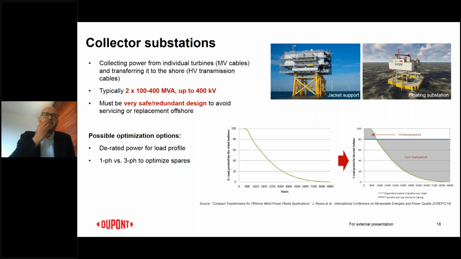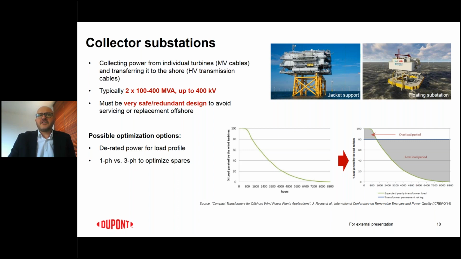And again, here we can talk about this need for optimization. The lighter the substation would be, the cheaper the supporting structure would be. And here is the suggestion for an optimization opportunity from the ABB publication about the offshore collector transformer.